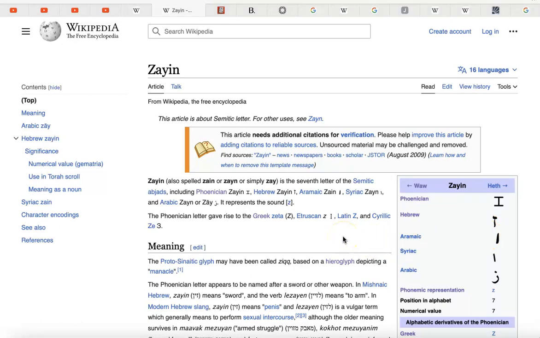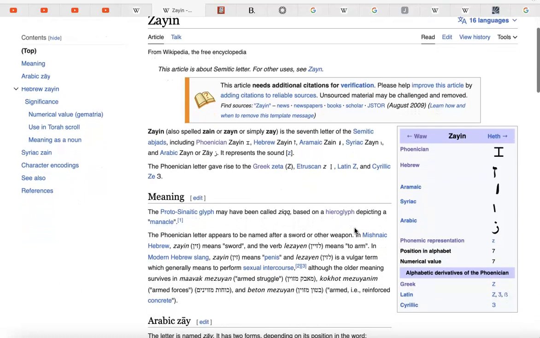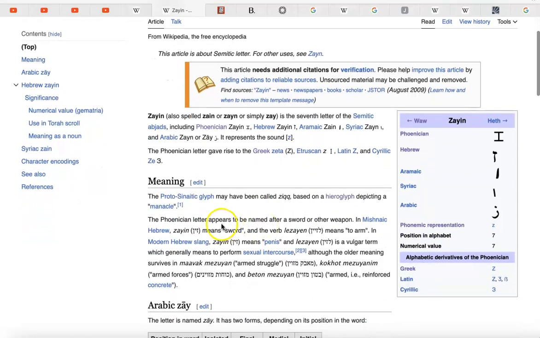It's the 7th letter of the Semitic abjads, including Phoenician, Hebrew, Aramaic, Syriac, and Arabic, and it represents the sound Z. This Phoenician letter gave rise to the Greek zeta, Etruscan Z, Latin Z, and the Cyrillic Z. I'm just recapping this for you. The Proto-Sinaitic glyph may have been called Zik, based on a hieroglyph depicting a manacle.